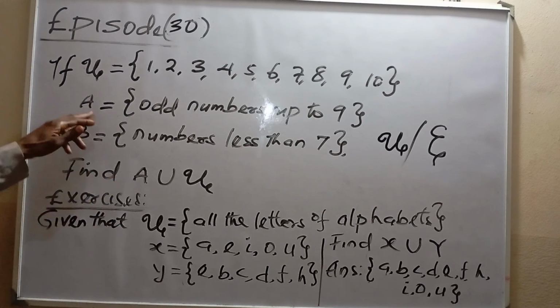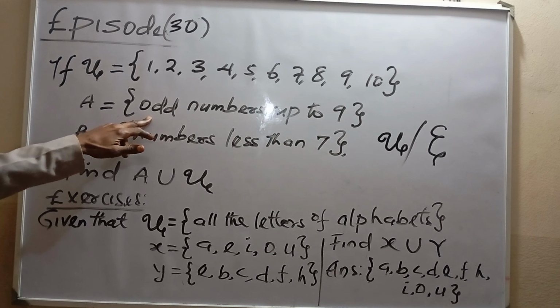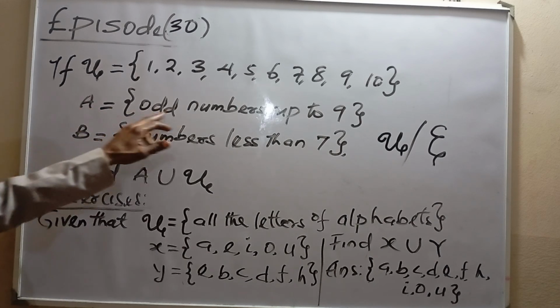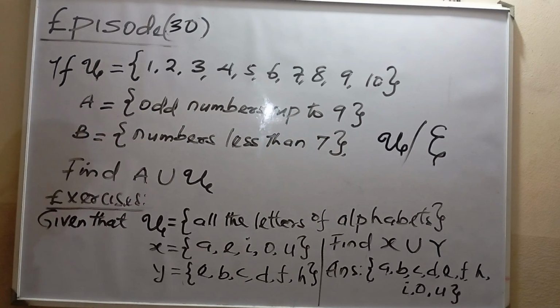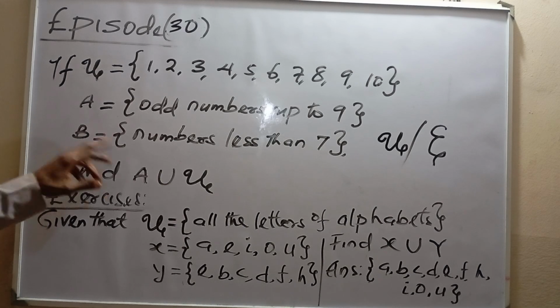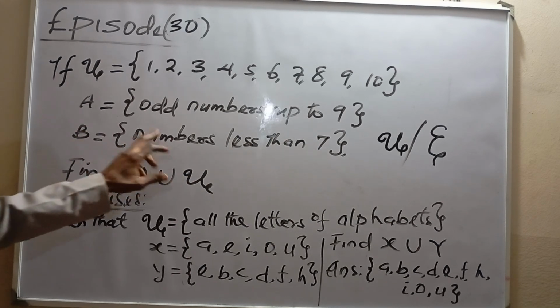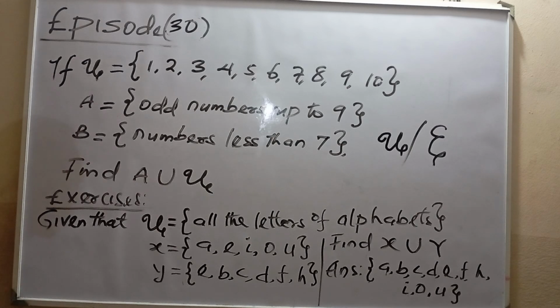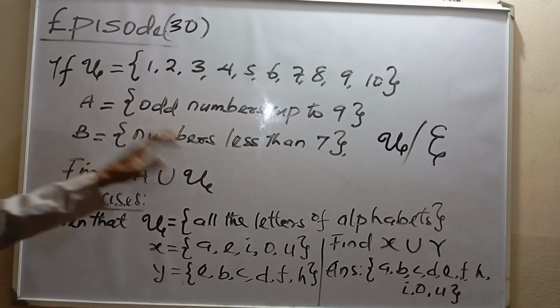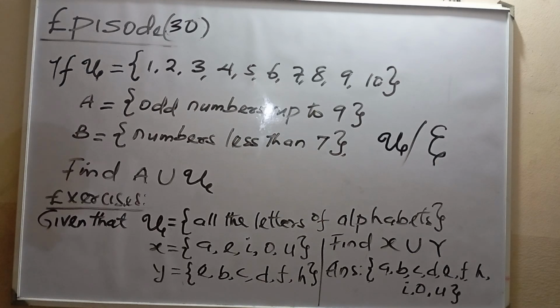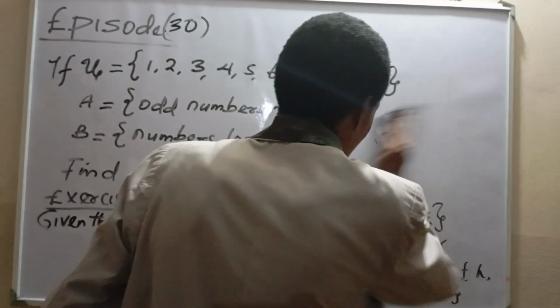We are asked that the elements of set A should be odd numbers up to 9, and the elements of set B are numbers less than 7. So we are to list the elements of set A and set B.